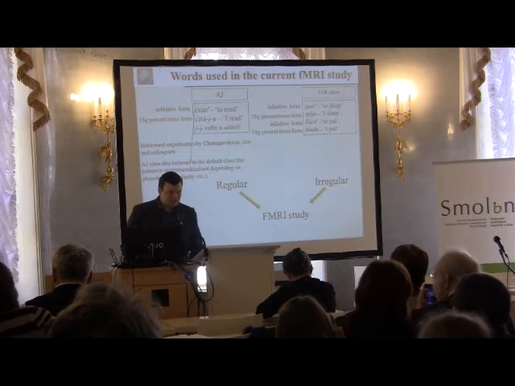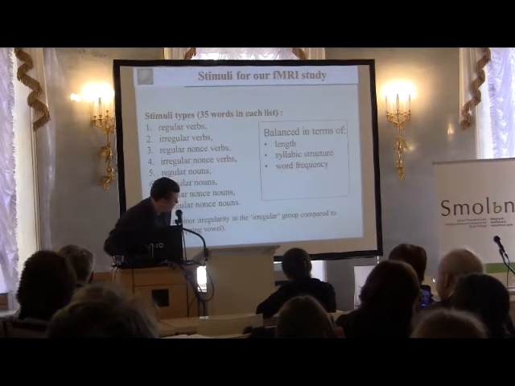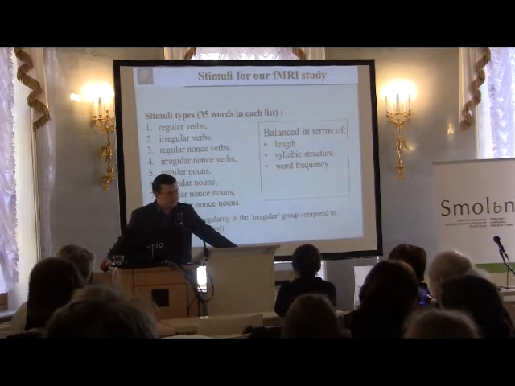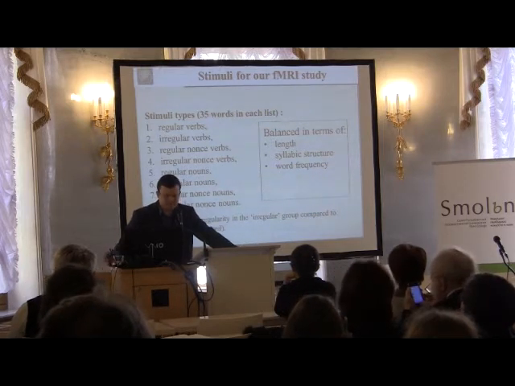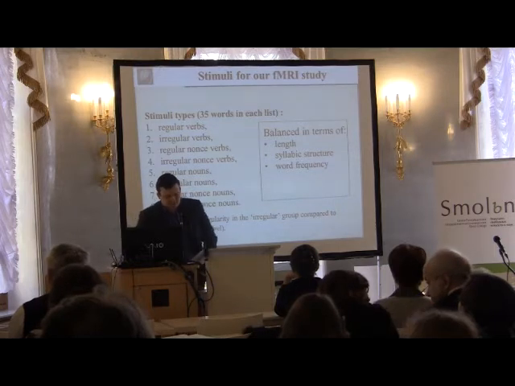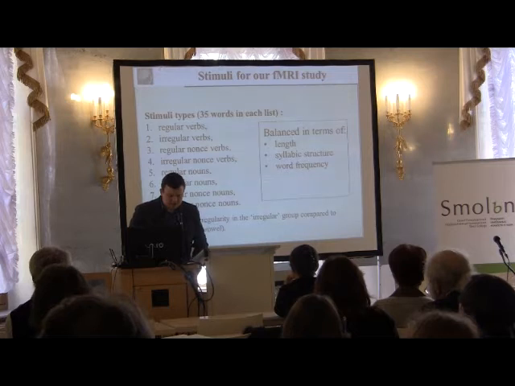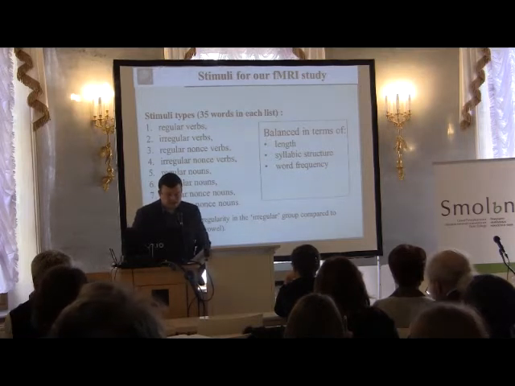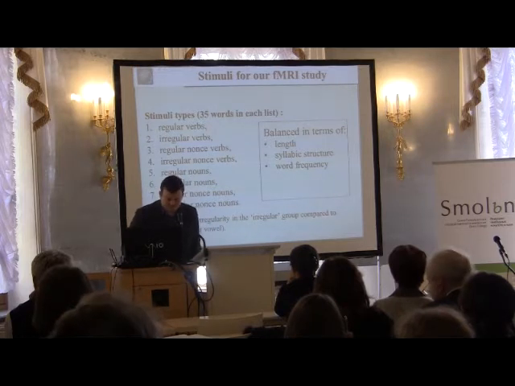So we took these examples to the fMRI study, and here is the list of stimuli that we used. In addition to verbs, we also presented nouns and pseudo-verbs derived from all verbs and nouns. There is also a minor irregularity of nouns, since if you want to produce a regular form of a noun, you have to drop the vowel.